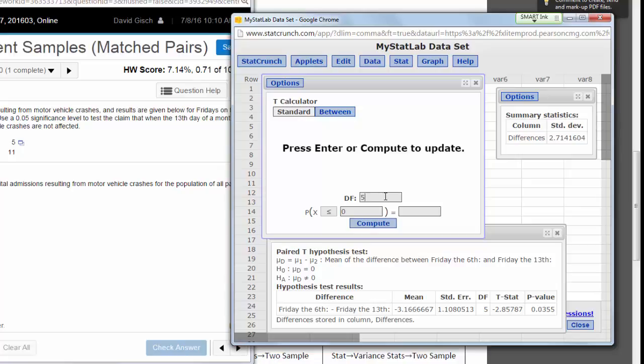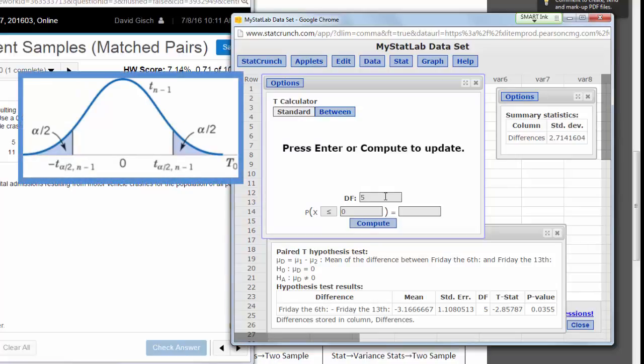Now, be careful. The alternative is not equal to 0, so this is a two-tailed hypothesis test. That means I need to split my alpha in half. So instead of 0.05 on one side, I have to split it. Half of 0.05 is 0.025, so I'll have 0.025 on each half, or in other words, alpha over 2.